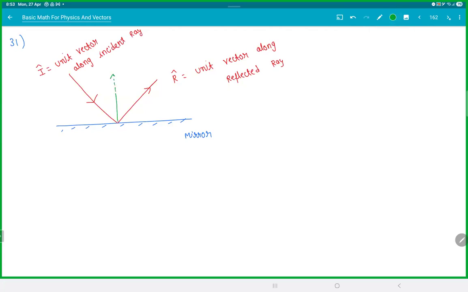This is your n cap, unit normal vector. So this is a vector perpendicular to the mirror. This you studied in school, right? Light ray hits a mirror and bounces off.